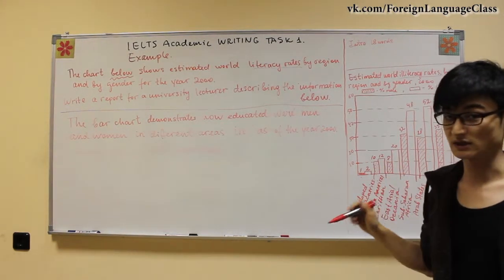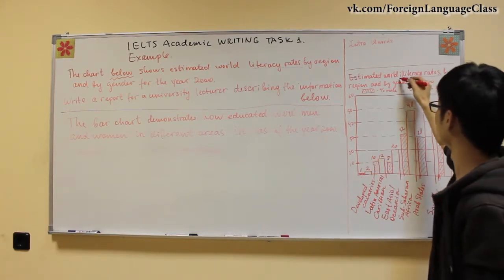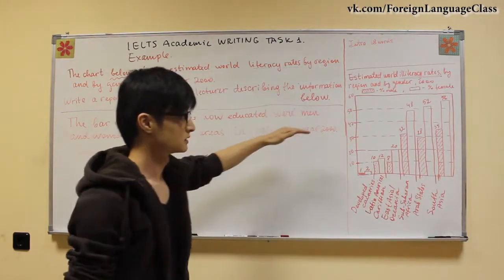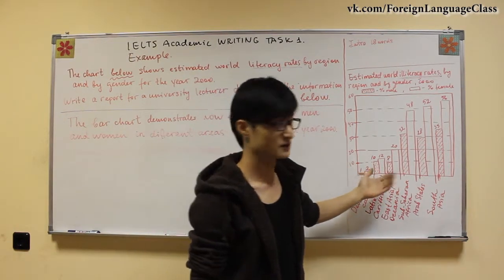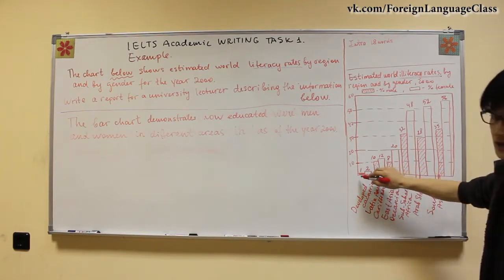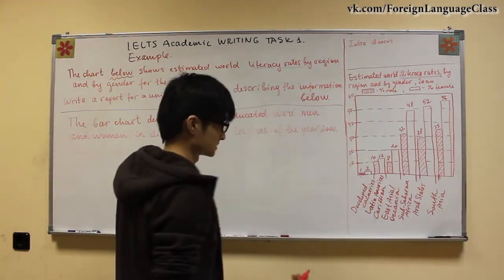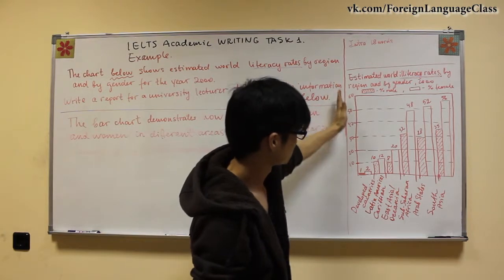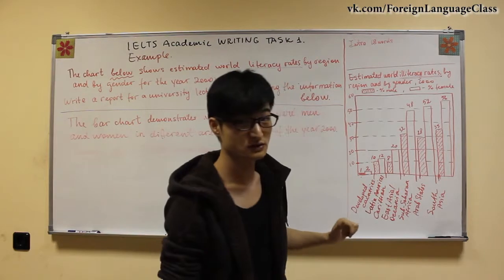The illiteracy rate in the developed countries among men was 1%. So pay attention to the title and to the task. What kind of information is actually described here? Illiteracy rates, 6 regions, men and women. Next, on the axis Y we have illiteracy rates in percent. In axis X we have 6 different regions.